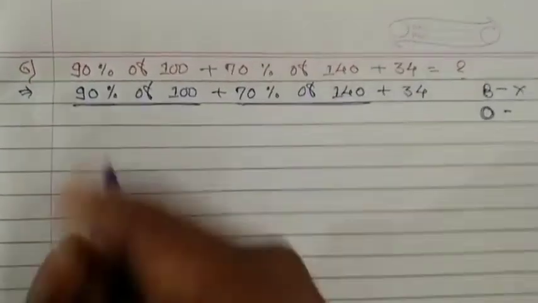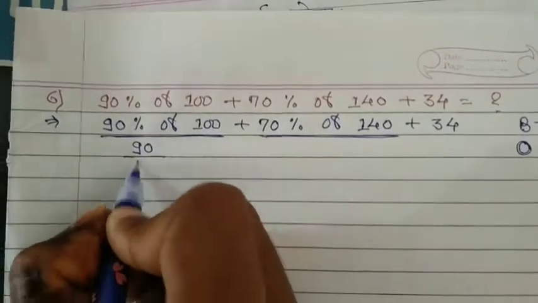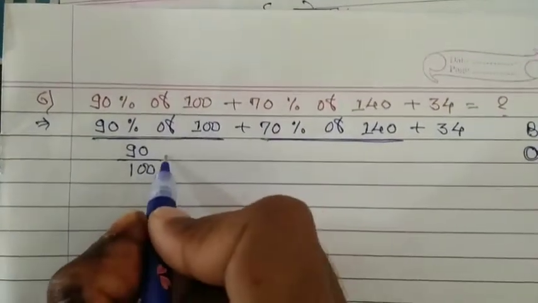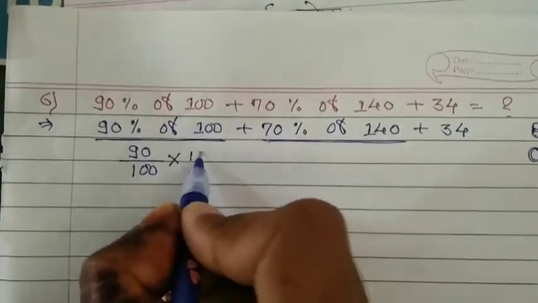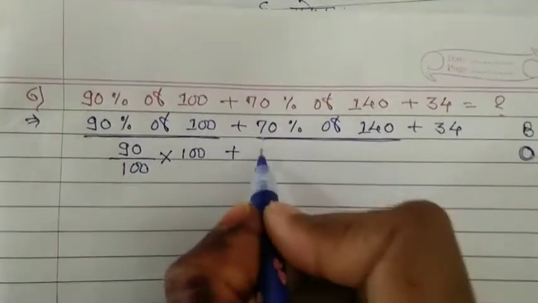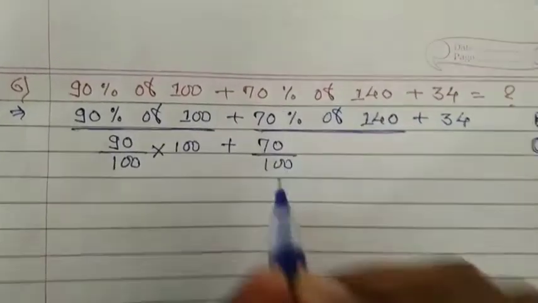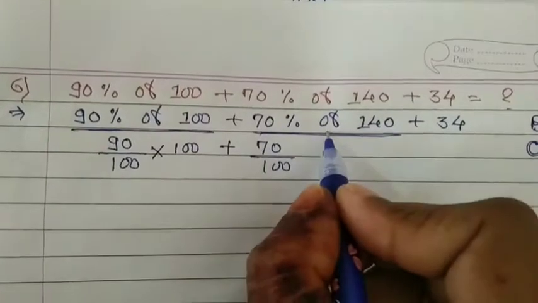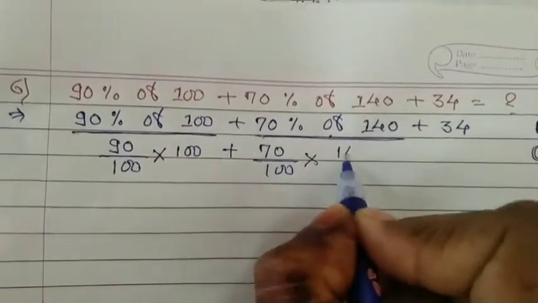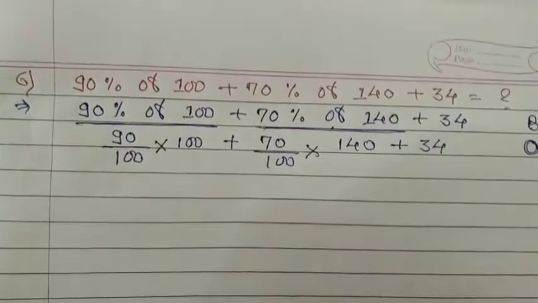So firstly, solve the "of". 90% means 90 divided by 100, "of" means multiplied into 100, plus, as it is, 70%, percent means divided by 100, "of" means multiplied by 140, and 34 as it is.